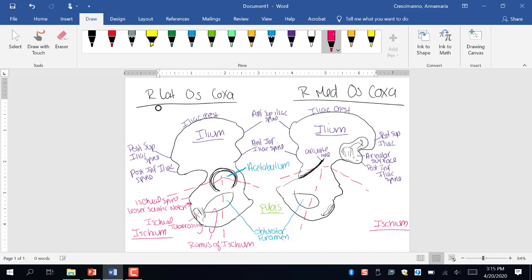So we can label the same things from the medial view. So this is your ischial spine. My lesser sciatic notch. And then the ischial tuberosity, which is your actual butt bone, the part that you sit on.